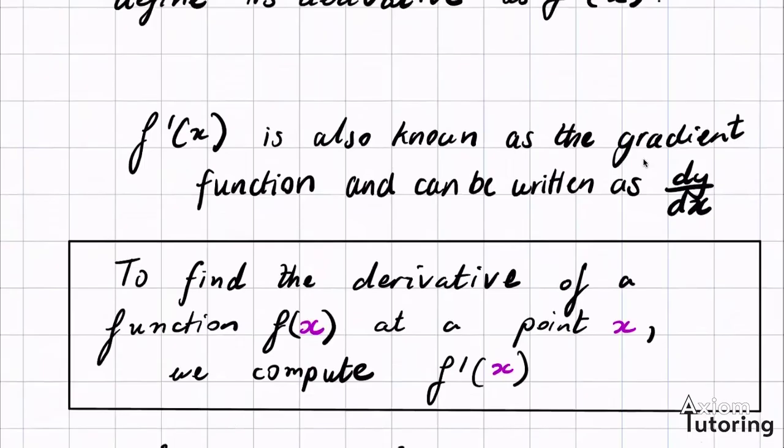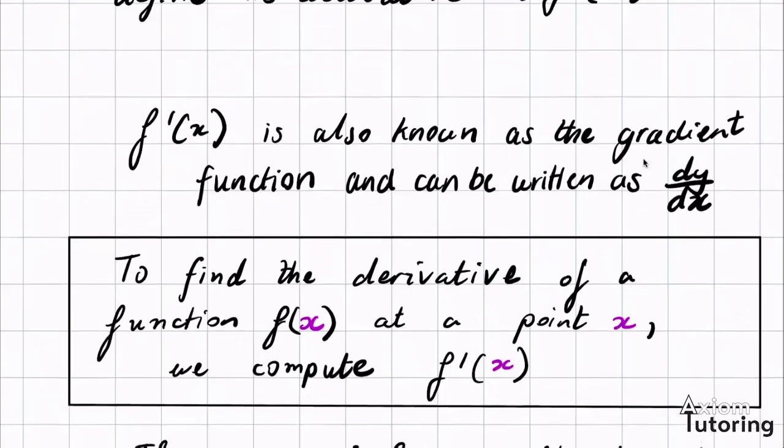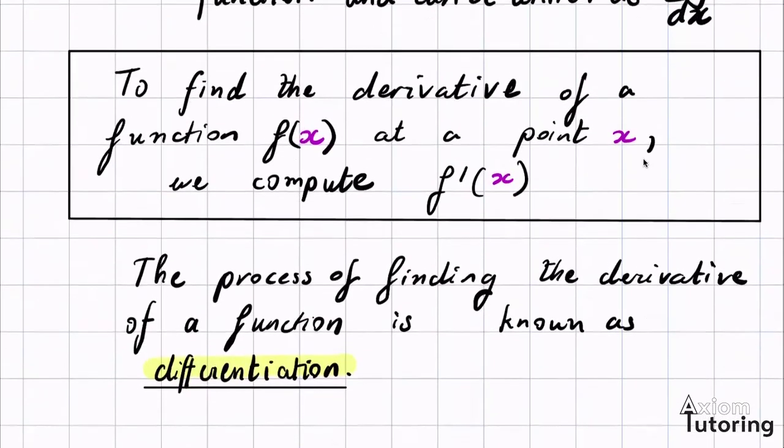And I've written here to find the derivative of a function f of x at a point x, we compute f dash of x. So that's how we're finding the derivative of a function f of x. So the process for finding the derivative of a function is known as differentiation.